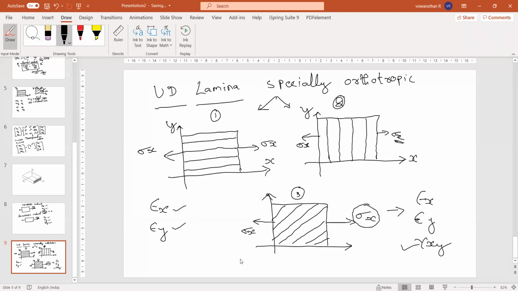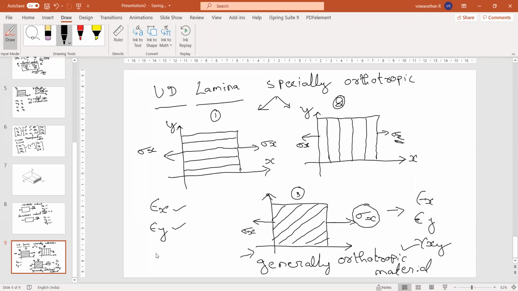Okay. And this kind of behavior is generally orthotropic. So if you have the fibers along the direction of the load that you apply or perpendicular to it, then you have only the extensional strains.